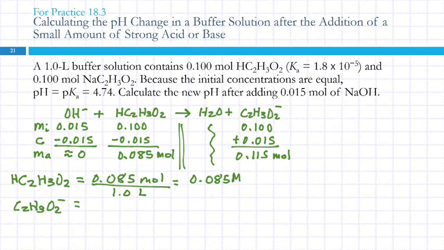And the acetate now is 0.115 moles in 1 liter, which is 0.115 molar. There will be times, many times, where it's not a liter. Because here, if we're adding solid sodium hydroxide, we can say that's not really going to change the volume that much. But if we were adding a solution of sodium hydroxide, it would change the volume, and we'd have to use the new final volume to calculate the molarities.